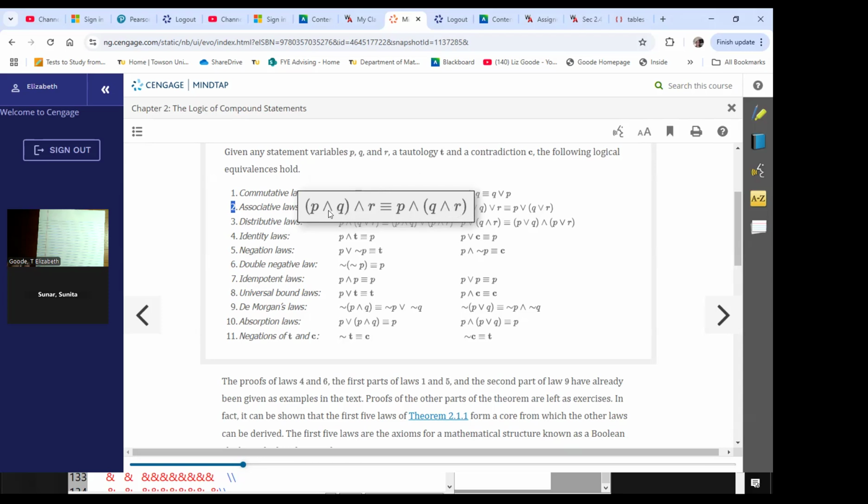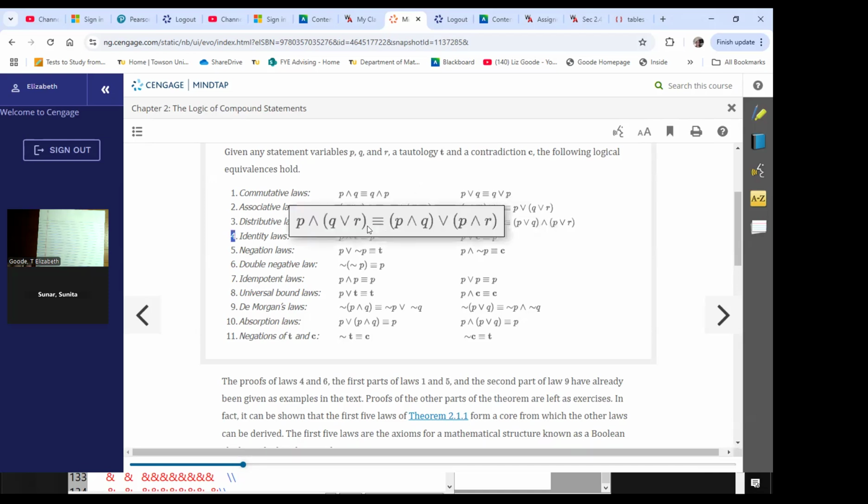Same way if it's all ors, it doesn't matter if we evaluate P or Q first or Q or R first. You're going to get the same thing.